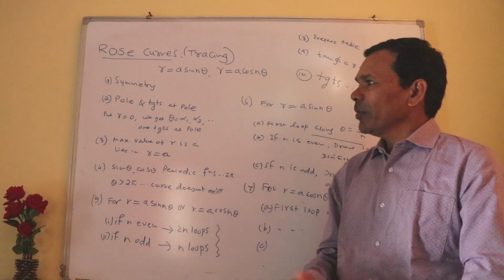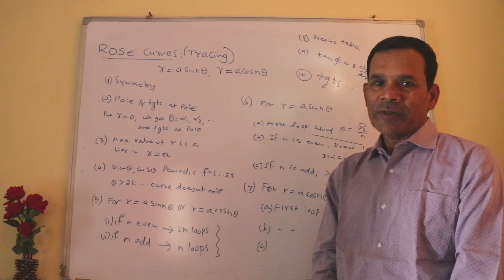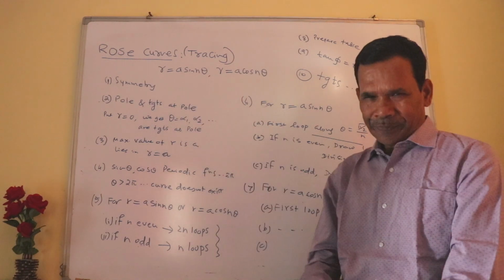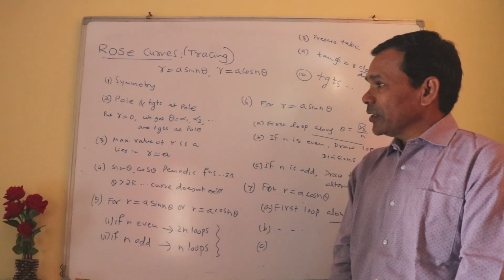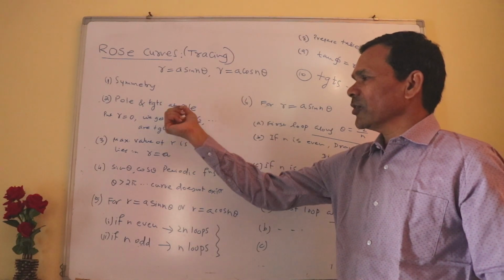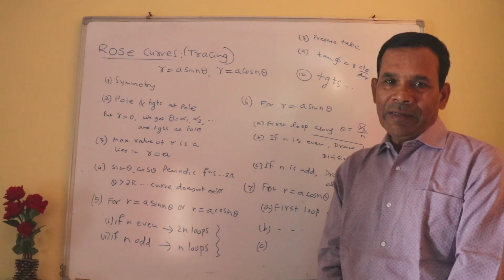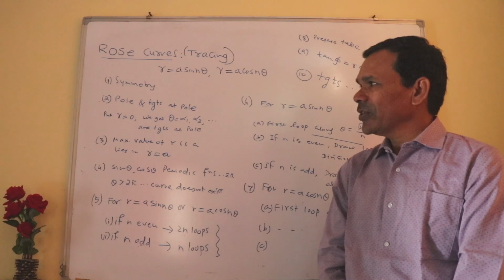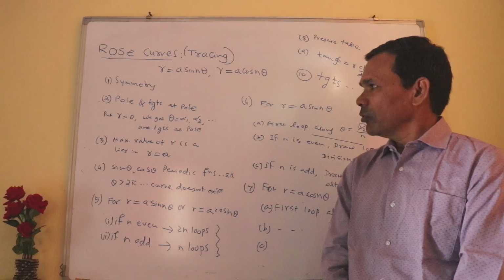If r is equal to minus r and theta is equal to minus theta in the equation of the curve, and the equation remains the same, then the curve is symmetrical about the theta is equal to pi by 2 line, that is, the line passing through the pole and perpendicular to the initial line. Similarly, the last one: if r is equal to minus r in the equation of the curve, and the equation remains the same, then the curve is symmetrical about the pole, r is equal to 0.